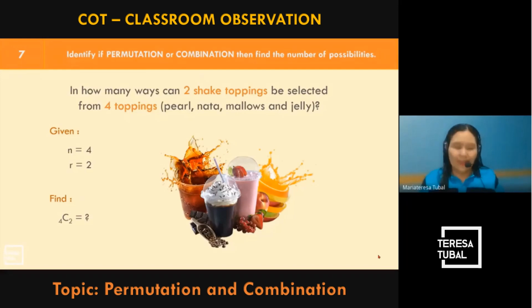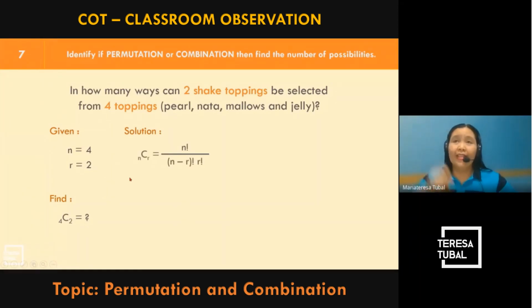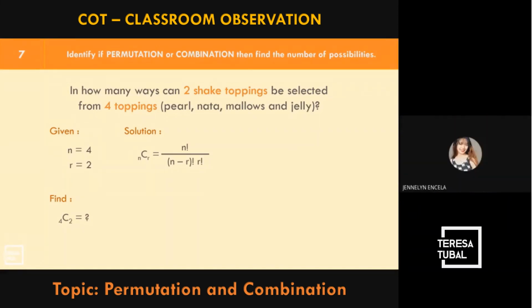Okay. So right now, let us solve now the combinations of 4 objects taken 2 at a time. Let us replace the value of n and r to the given formula. So, anyone? Combination of 4 and 2 equals 4 factorial over 4 minus 2 factorial and 2 factorial.